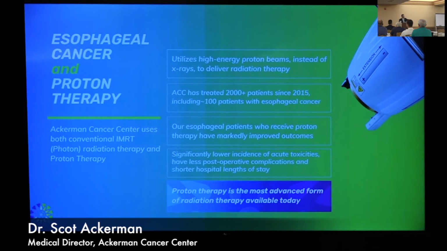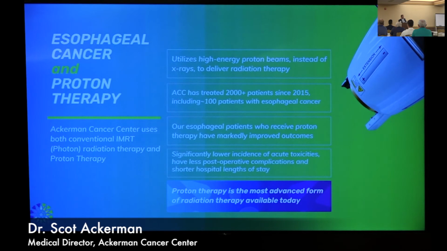So let's get into radiation just for a second. Let's get into radiation more than a second. So esophageal cancer and proton beam radiation, that's really what I want to focus on today and tell you why that's kind of the best. So at our office we use both conventional, what's called IMRT radiation, that's photon radiation.